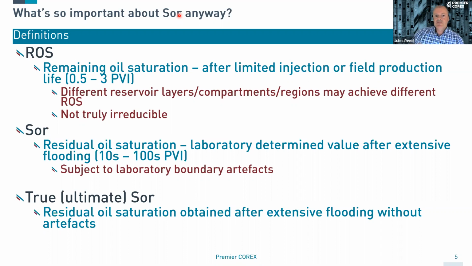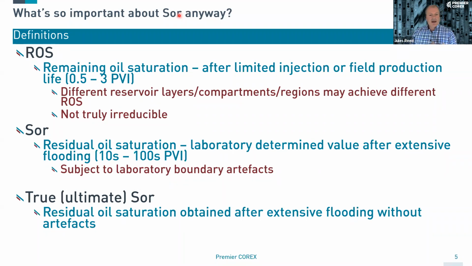And although the terms remaining and residual basically mean the same thing, when we refer to remaining oil saturation, it means that we've come to some limited part. There's some oil remaining, but that oil can be produced.